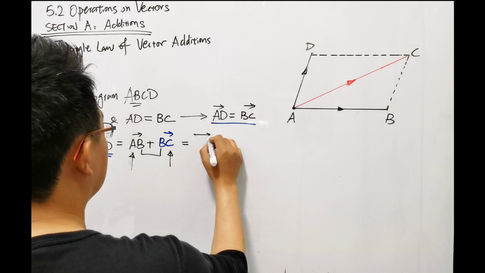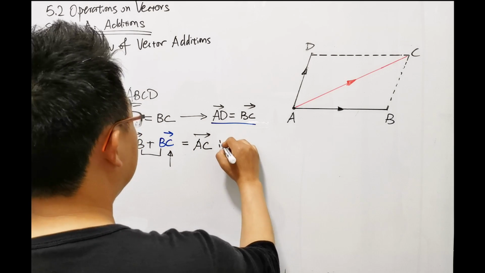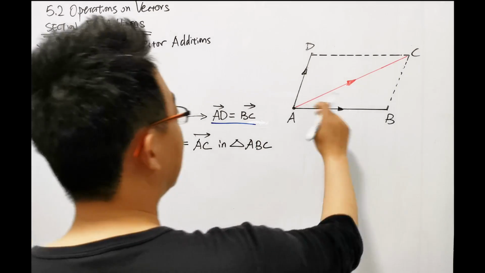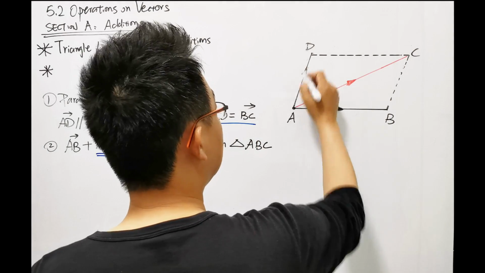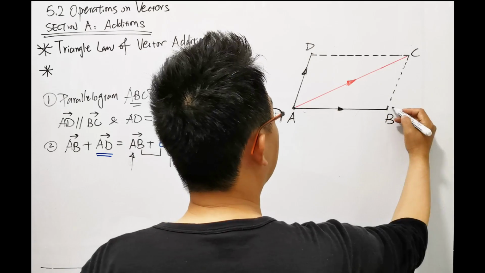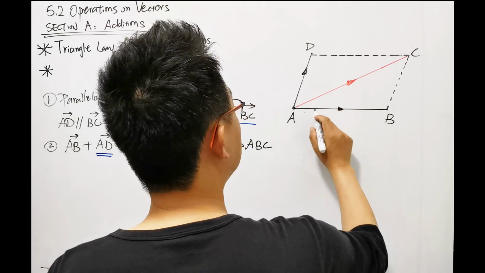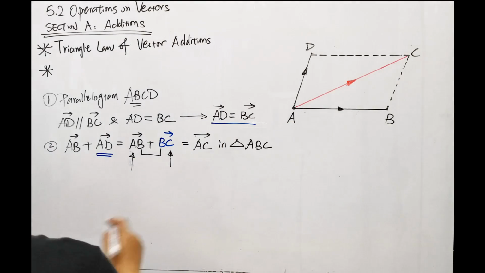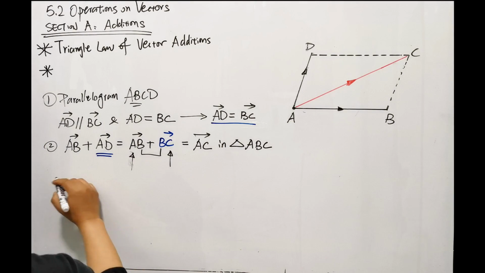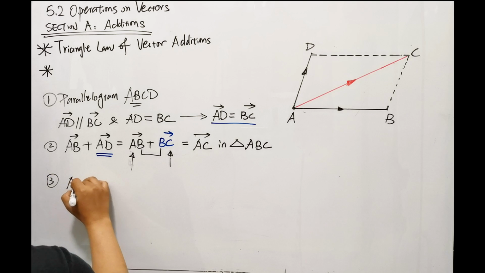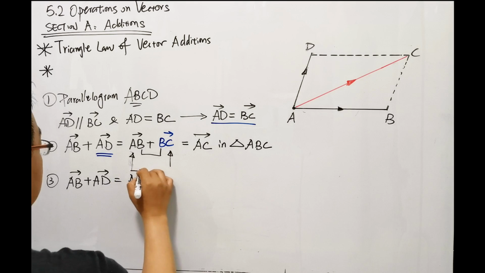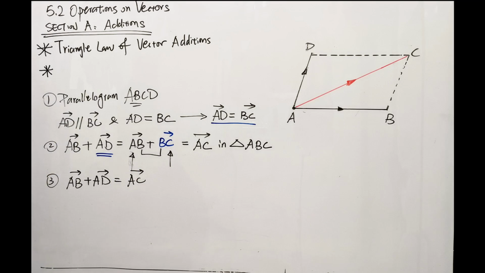So we find it equals AC in the triangle of ABC. Because these two lines are the same, these two vectors add up to become this. So that is very clear. Therefore AB plus AD equals AC. That is very interesting, right?